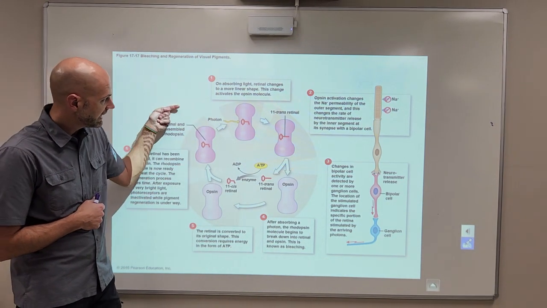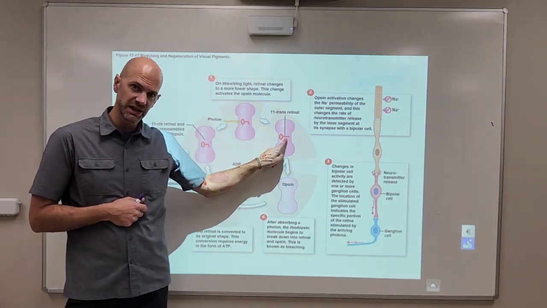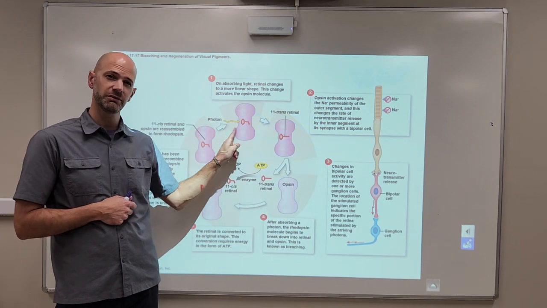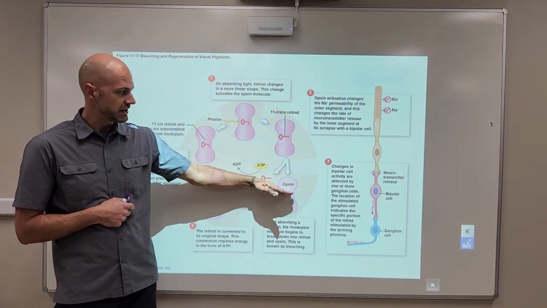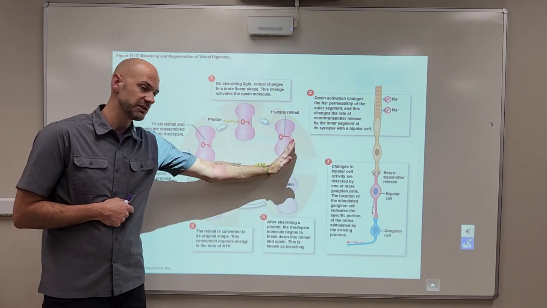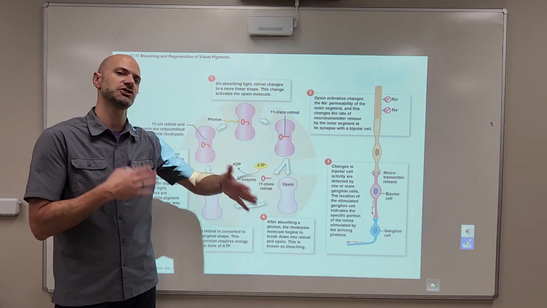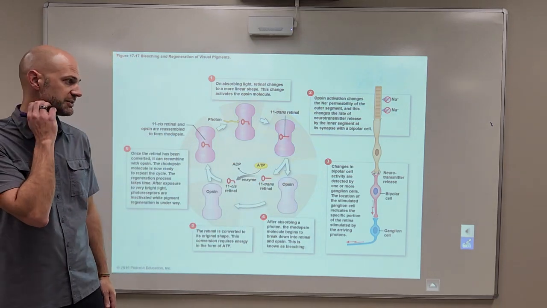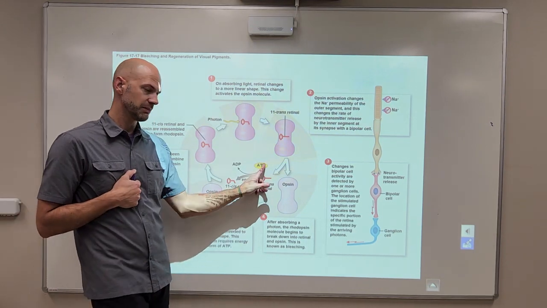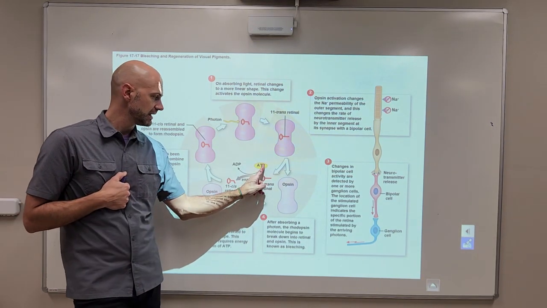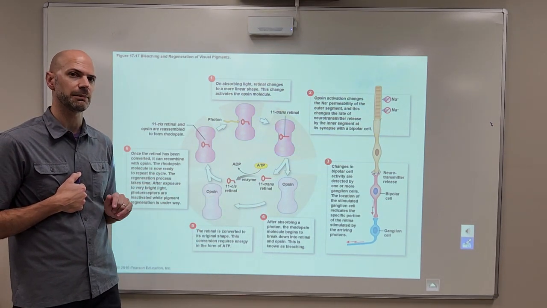A photon of light hits it, and it goes from a bent conformation to a straight conformation, from a cis conformation to a trans. That shift causes the 11-trans retinol to be ejected, and a momentary shift in the protein properties, which will trigger a response of the cell. And it requires an enzyme hydrolyzing ATP to reset opsin into rhodopsin.